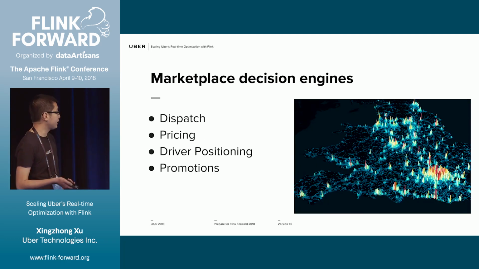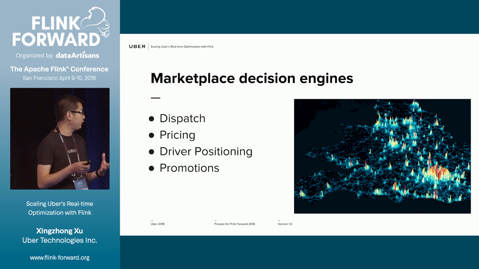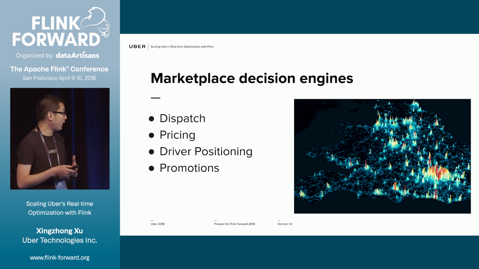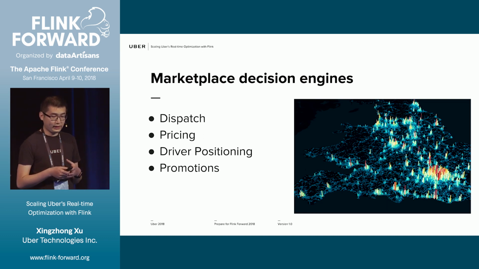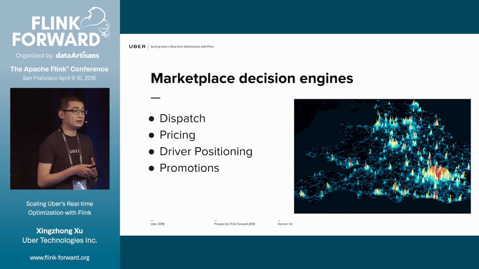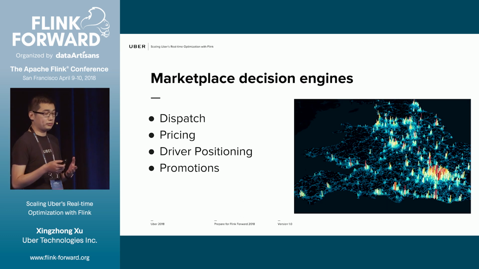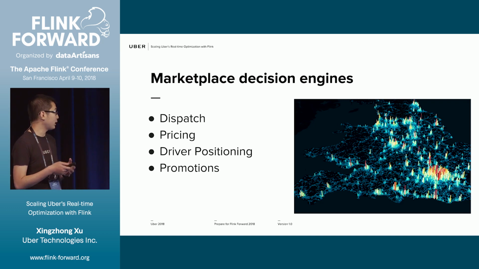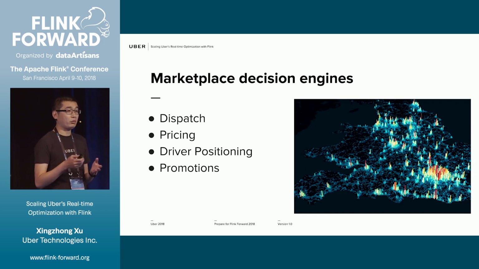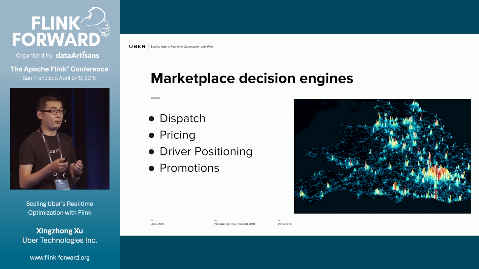And the decision engine is something where, once we get those dynamics, we're not using them just for fun or for monitoring purposes. We're actually using those dynamics to make decisions. As a marketplace, we do dispatch, we do pricing, we do positioning, and we also do promotions. One example is when we make dispatch decisions, that means we pair one supply and one demand together and eventually form a trip.